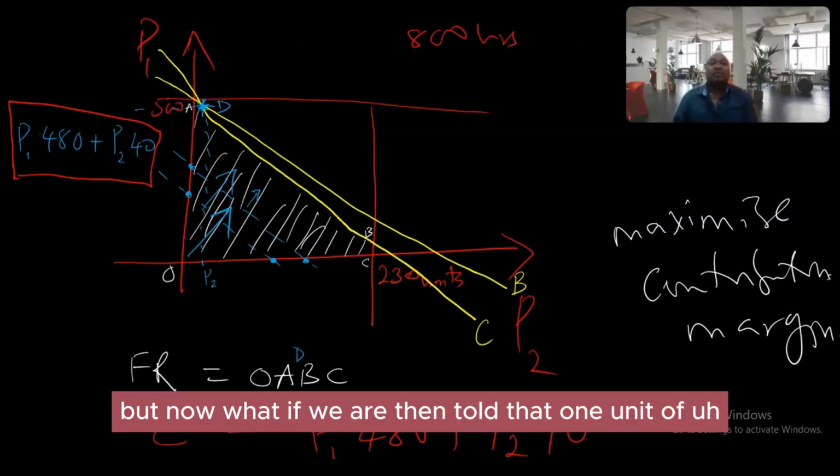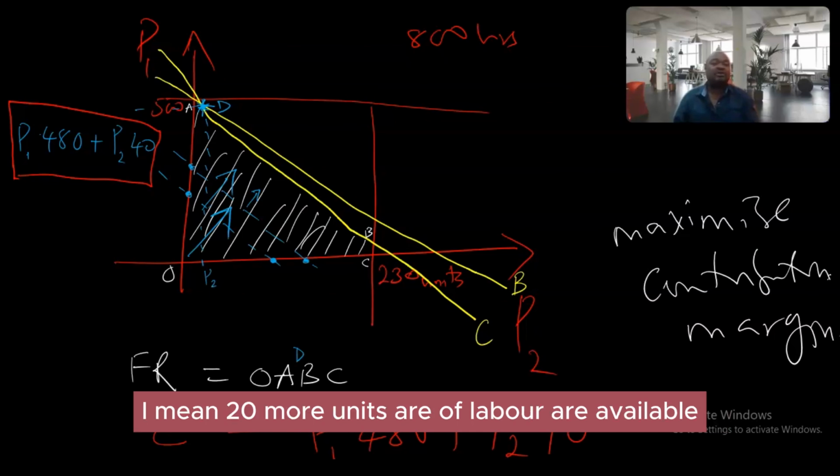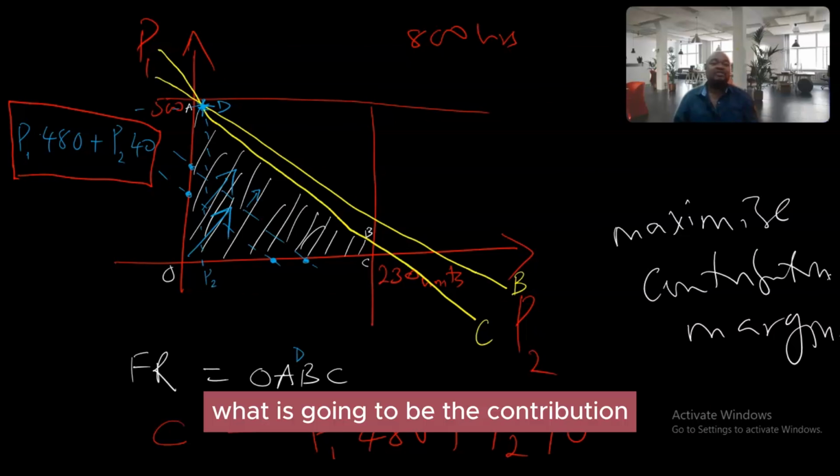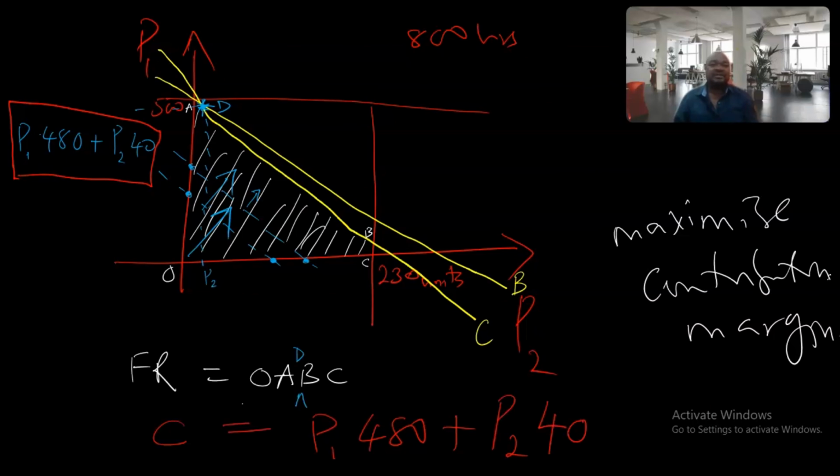But now, what if we are told that 20 more units of labor are available? What is going to be the contribution?